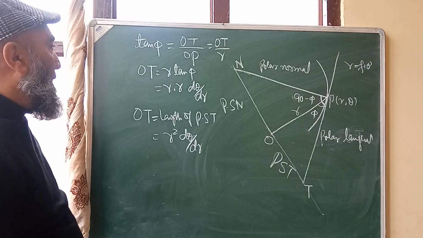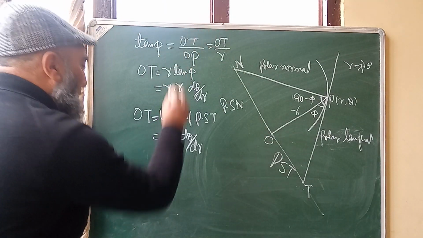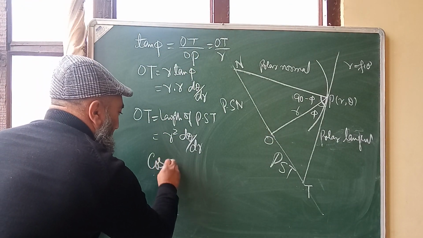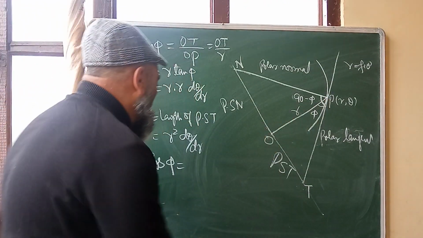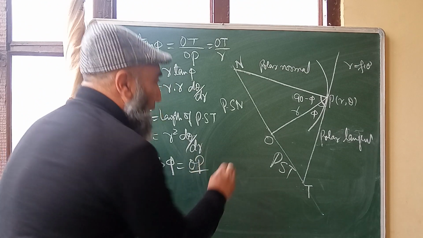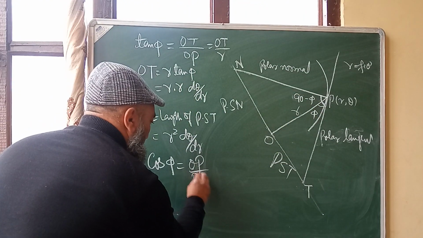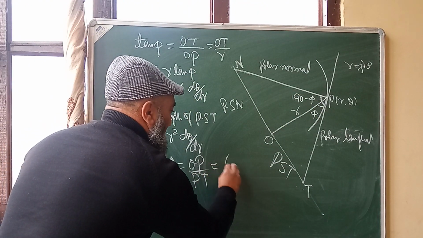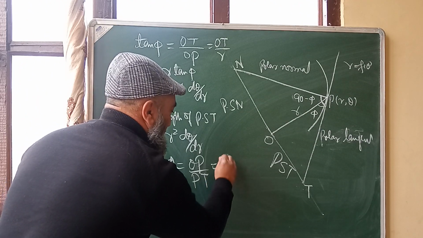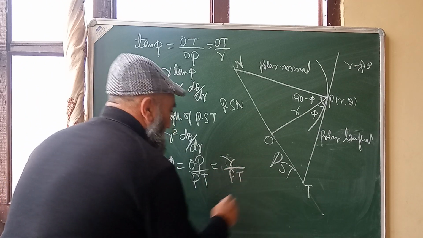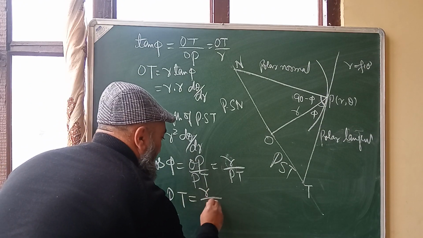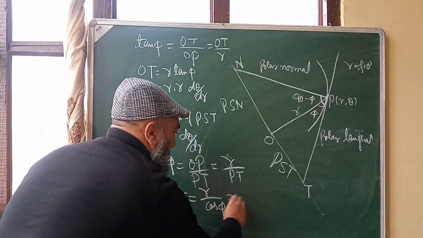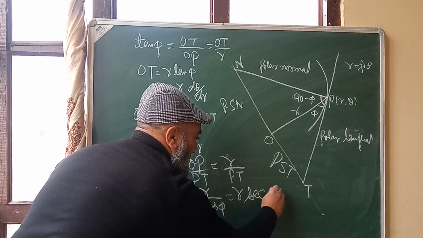Fine? Okay. Now from this triangle only, what is cos of phi? Base by hypotenuse. Your base is OP, your hypotenuse is PT. So OP is r, r by PT. So what about PT? PT is r by cos phi, or r secant phi.